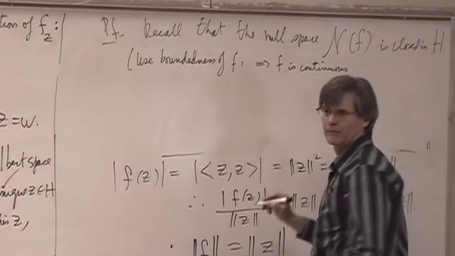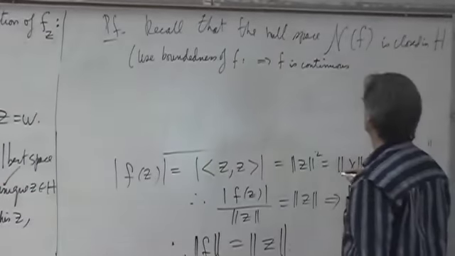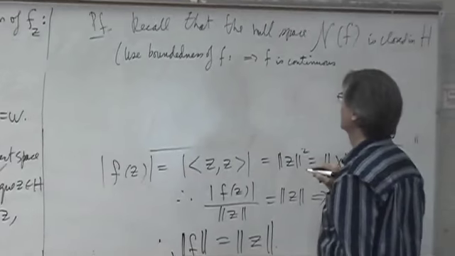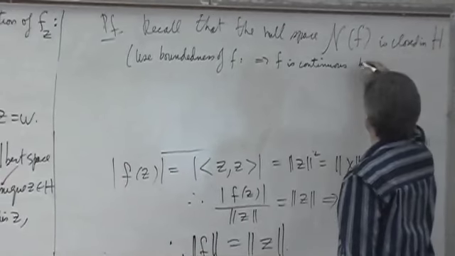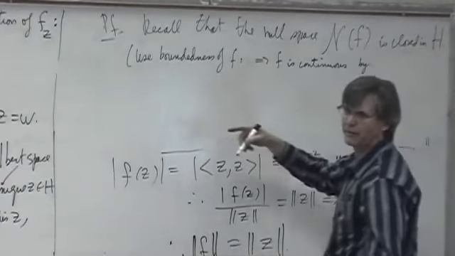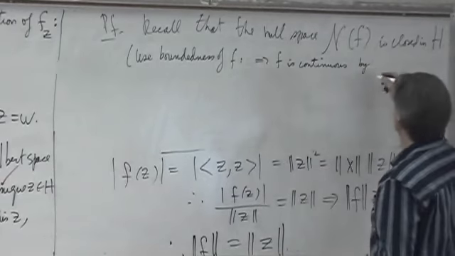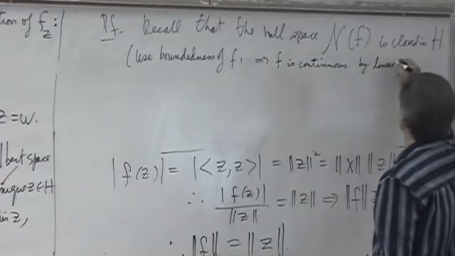Then this implies that F is continuous. Right? Because it's linear, by linearity and boundedness. I'm going to use linearity a bunch.